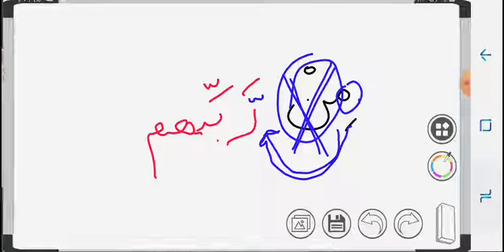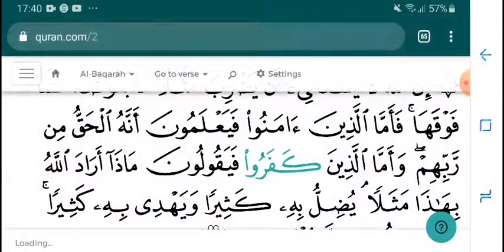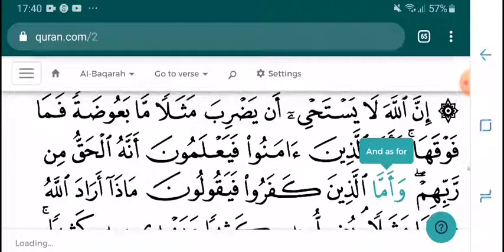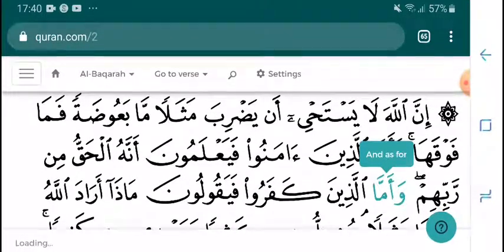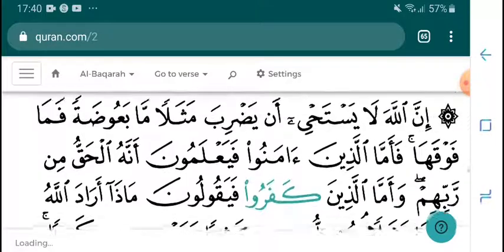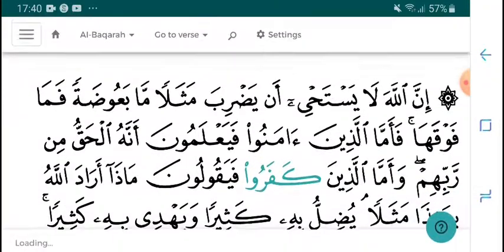I'll give you an example here. If we look in the Quran here, in the top line we have: inna Allaha la yastahyi an yadriba mathalan ma.